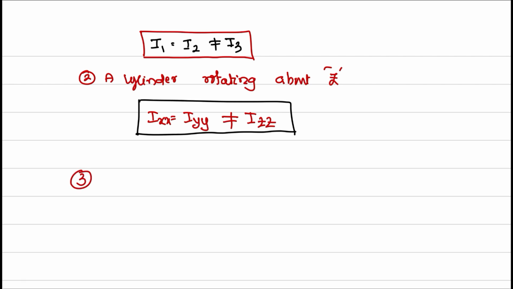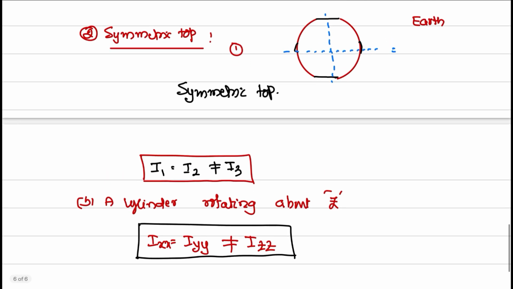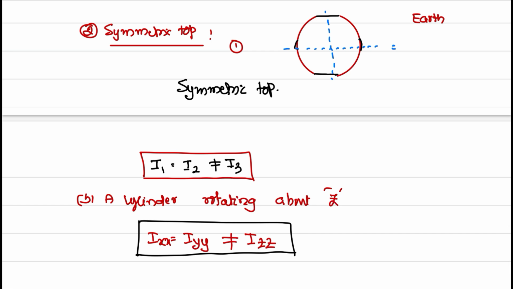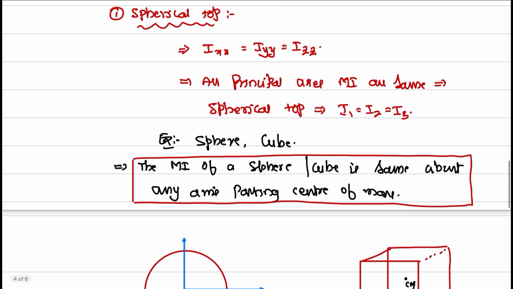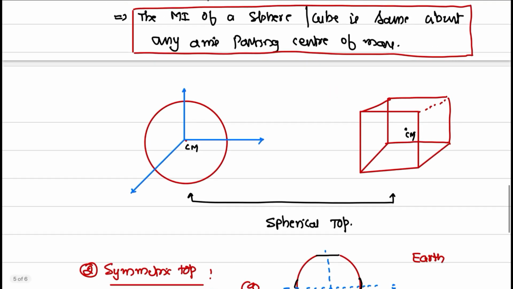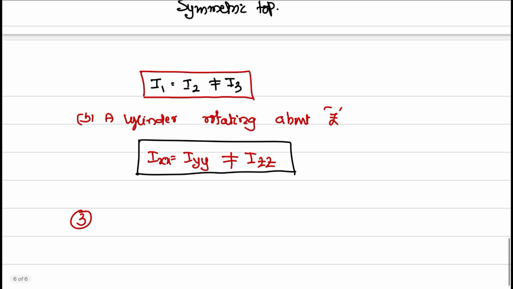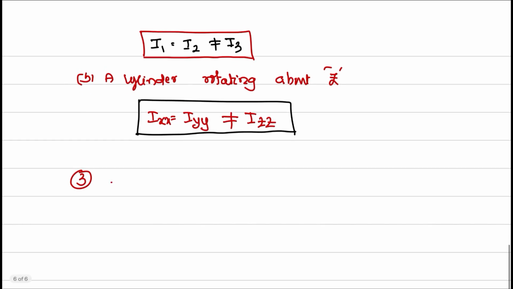Next, the third shape. One is spherical top, second is symmetric top, third is asymmetric top. These are different types of rigid bodies.